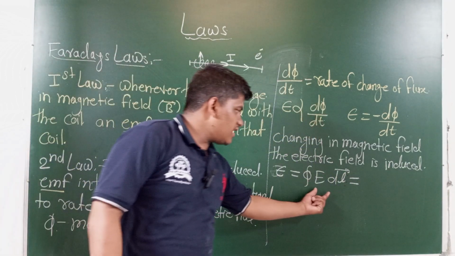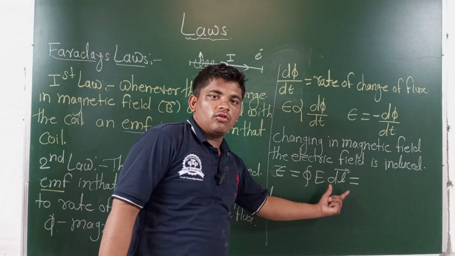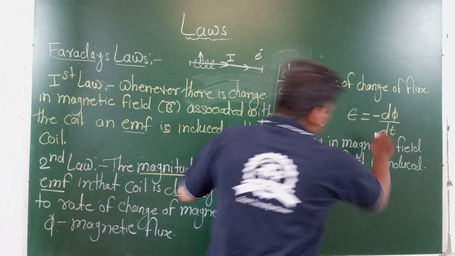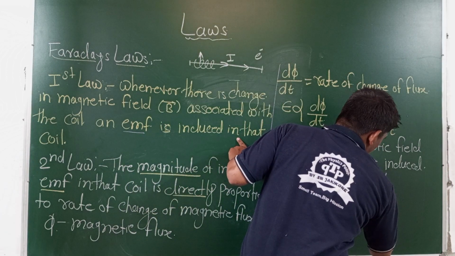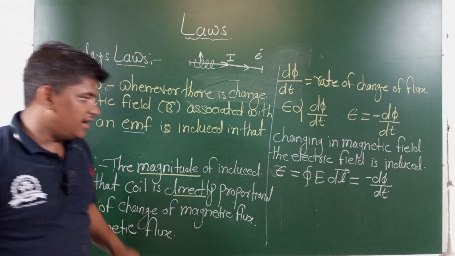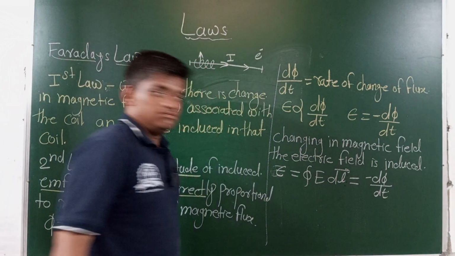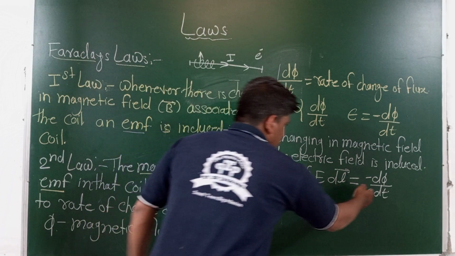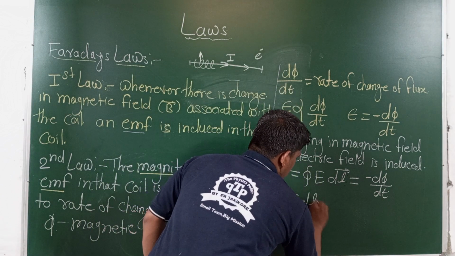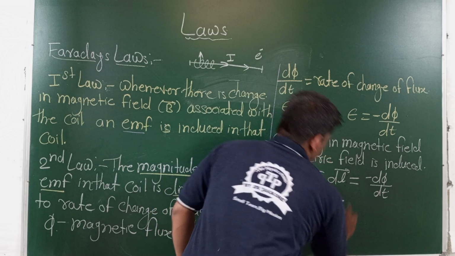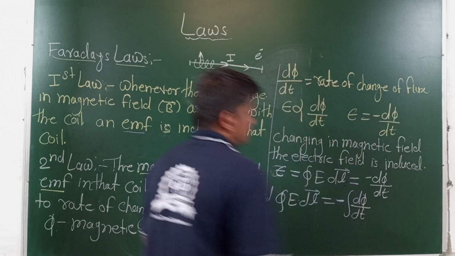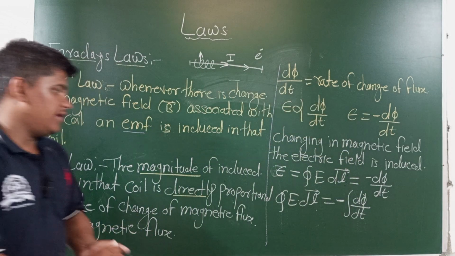E is the electric field associated with the closed line integral of that coil. That is also equal to minus dφ/dt. Then, integrating both sides, the closed integral of E dot dl is equal to minus the integral of dφ/dt.